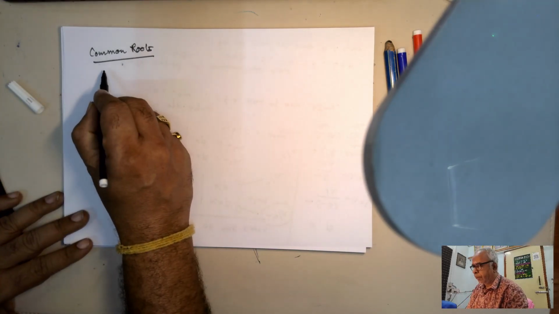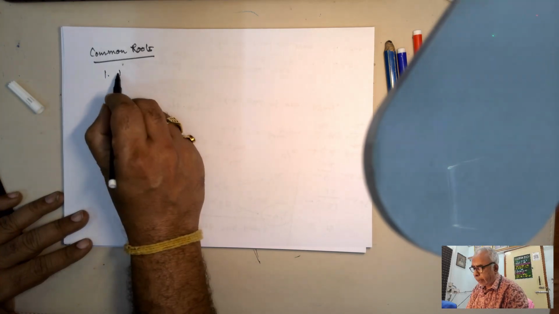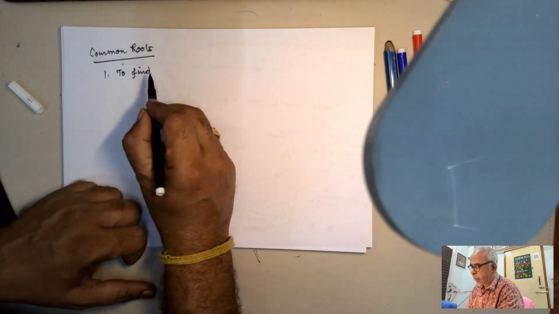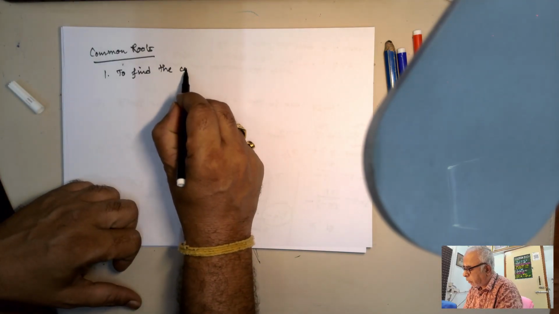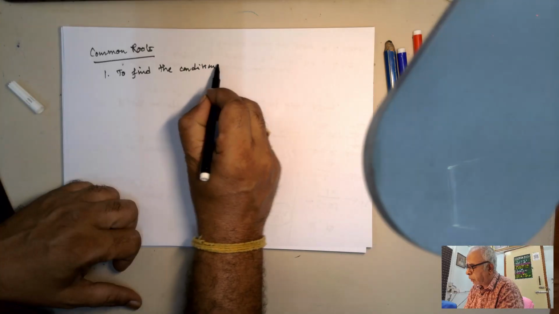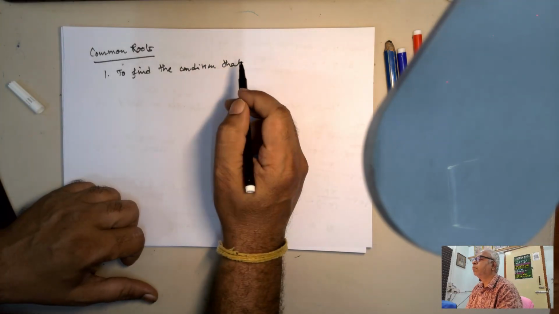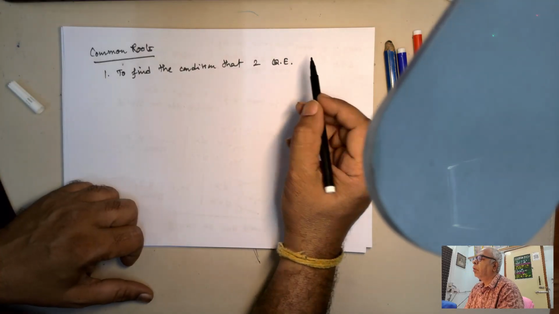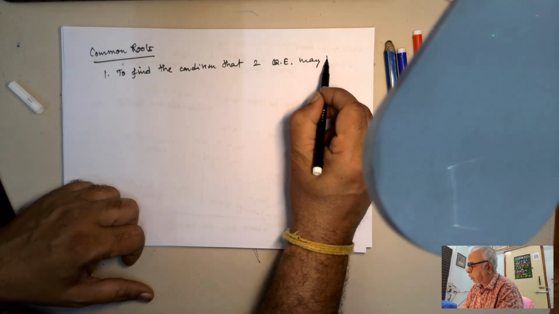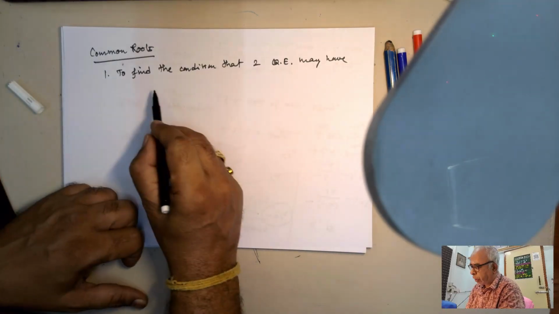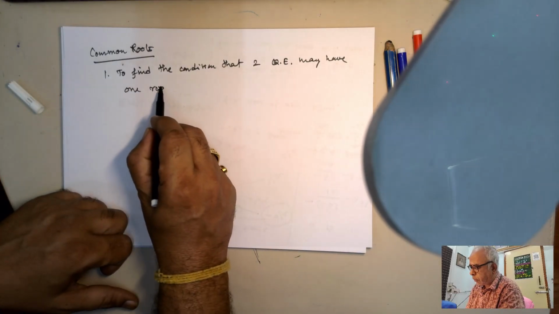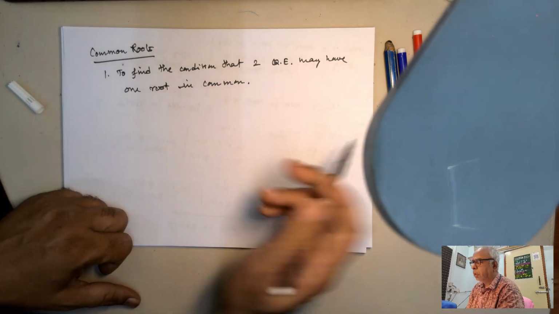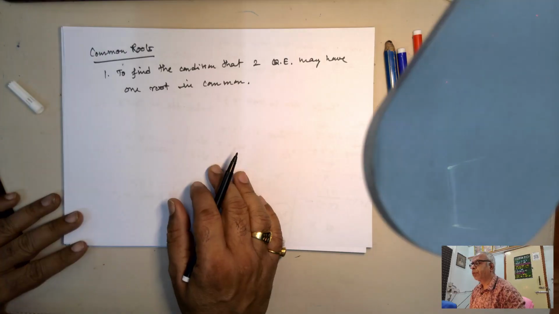Let us take the first one. To find the condition that two quadratic equations may have one root in common. So this is one aspect.